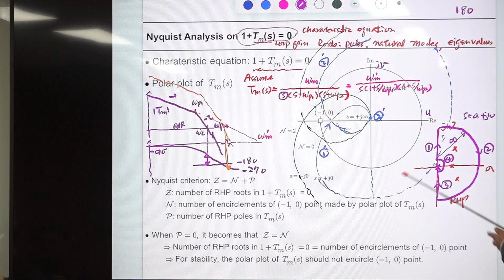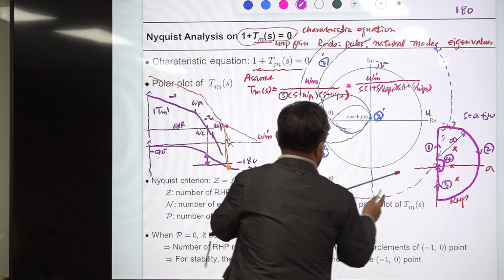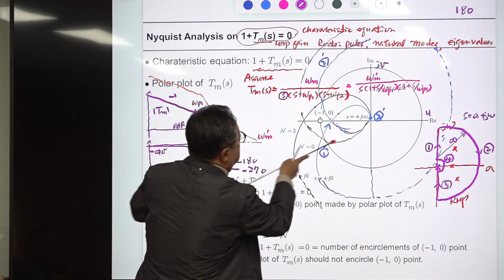This part is j omega and this part is minus j omega. That means in the polar plot the imaginary axis is changed in sign, so this part is the mirror image of this part. You just flip this part to this.